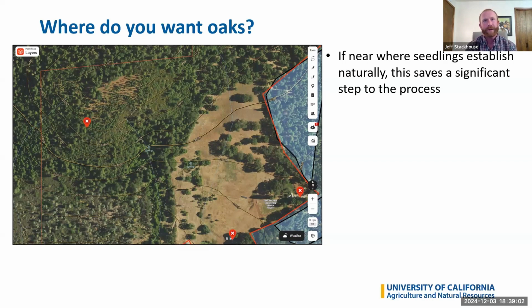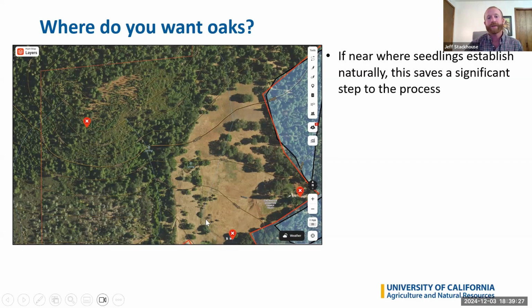Even if you're like myself and your family has a piece of property like the one in this image, our family's property was burned in the Fountain Fire, and in the fire footprint on the edges where it burned in high severity, the oak regeneration is more than you can handle. You can hardly walk through it.